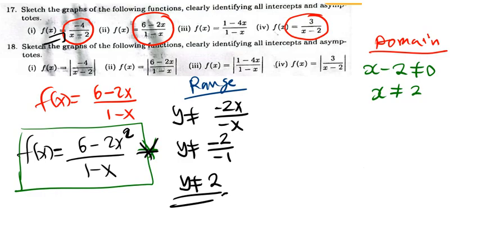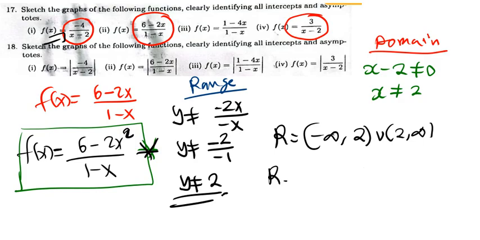When you reach this point, you say the range is equal to from negative infinity to 2, not included, union 2 to positive infinity. Or you can put it in set builder notation where you say y is such that y is not equal to 2.